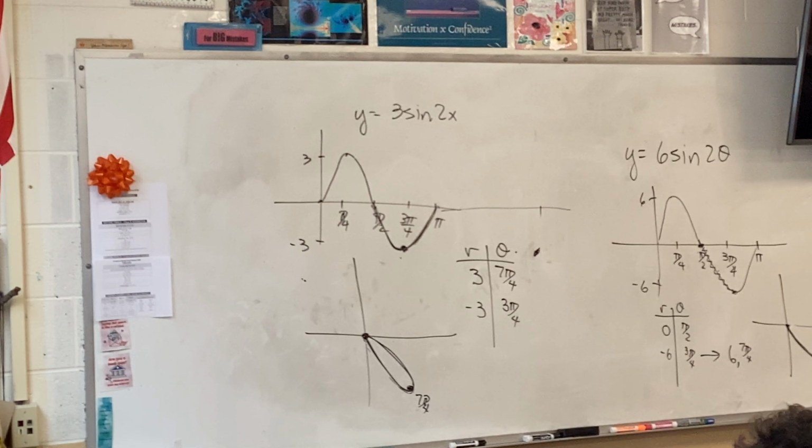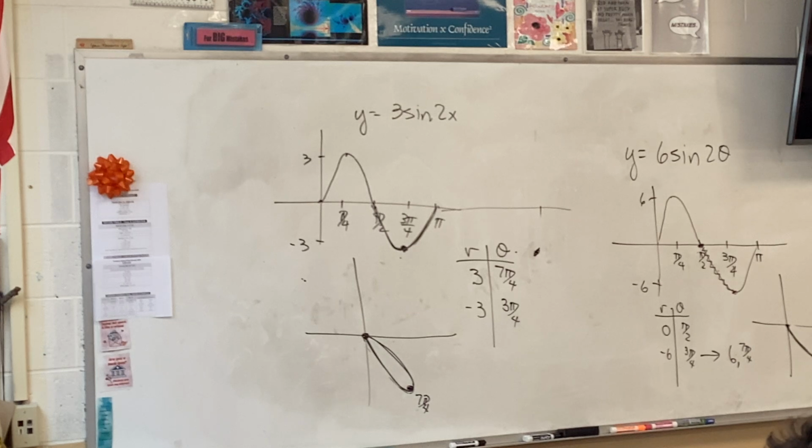Okay, how about from 7 pi over 6 to 3 pi over 2? Look at your picture. 7 pi over 6 to 3 pi over 2, you already told me it's negative and decreasing. Right? What's happening to R? Is R on that little part of the graph increasing or decreasing? R is actually increasing.